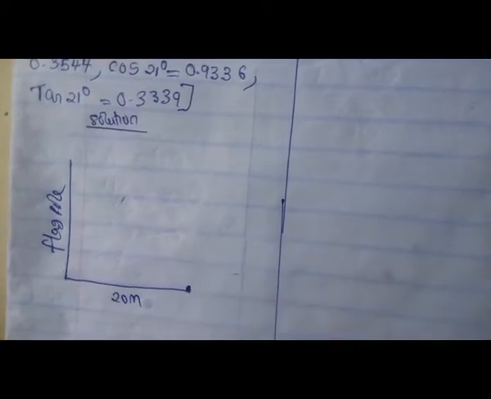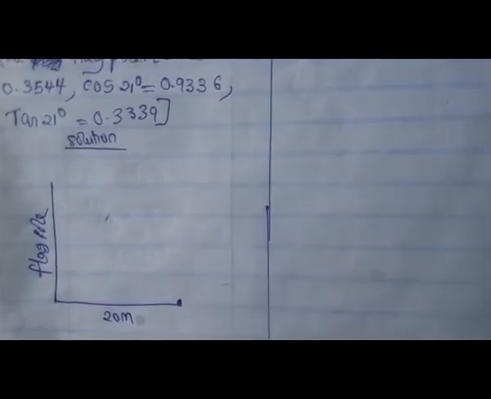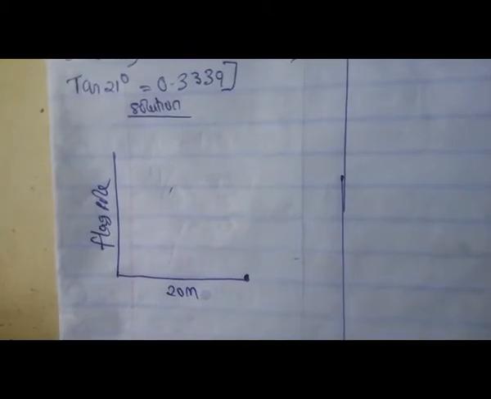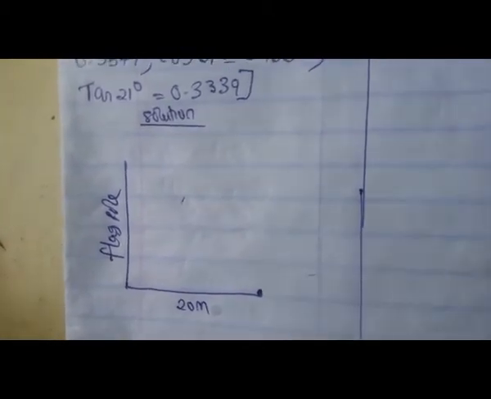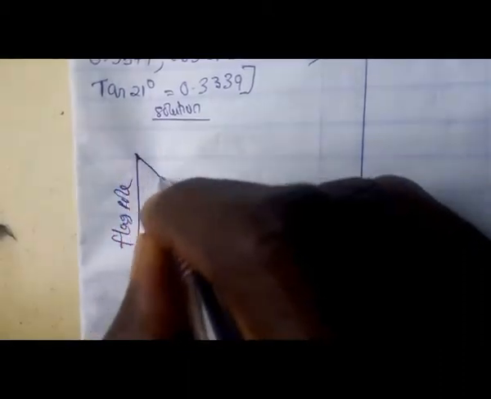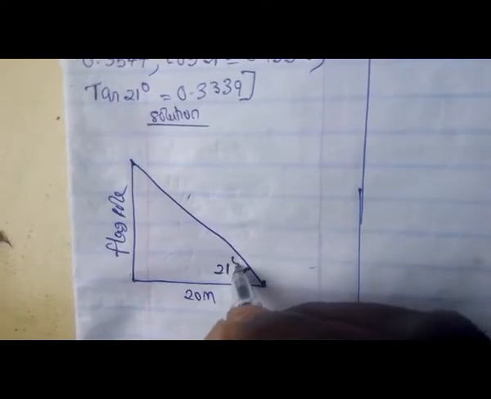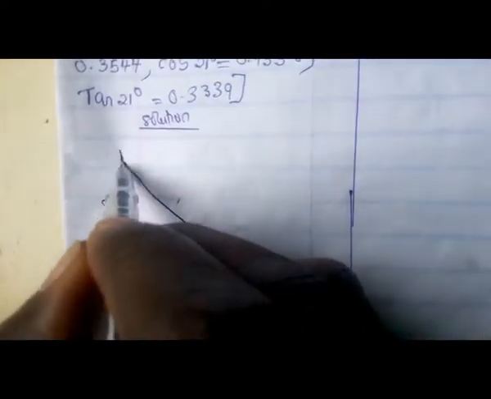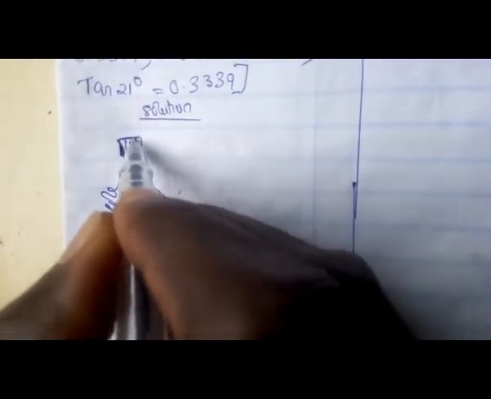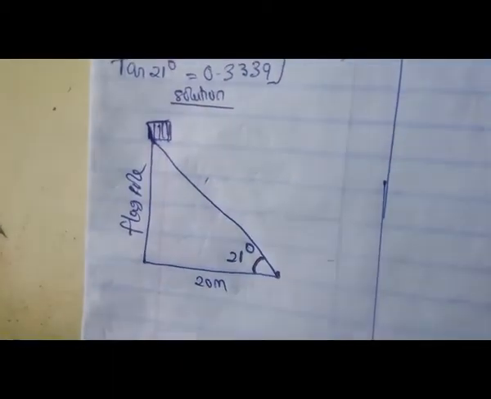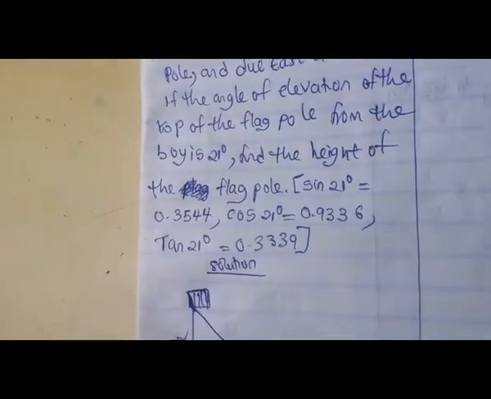If the angle of elevation of the top of the flagpole from the boy is 21 degrees, this is the flag. Now find the height of the flagpole.